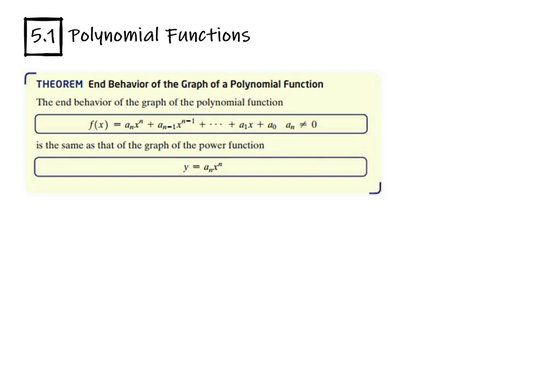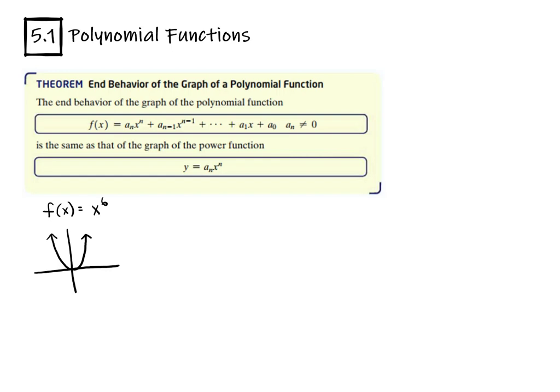The next theorem that we have is about the end behavior of the graph of the polynomial function. There's a lot of technical text in here, but basically it's saying that the graph might have some turns in the middle, but the end shape matches its power function. Let me give you a few examples.